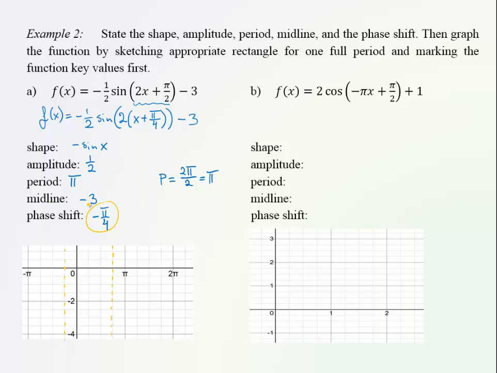Now let's draw the midline at -3. So -3 is here. And we can go by the amplitude. The amplitude is just 1/2. So 1/2 will be here from the midline up and from the midline down. So this is our rectangle that the full period is supposed to fit.